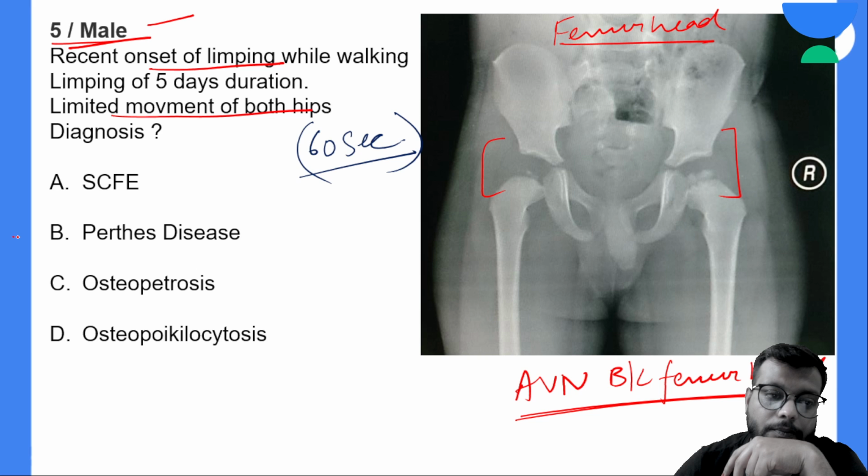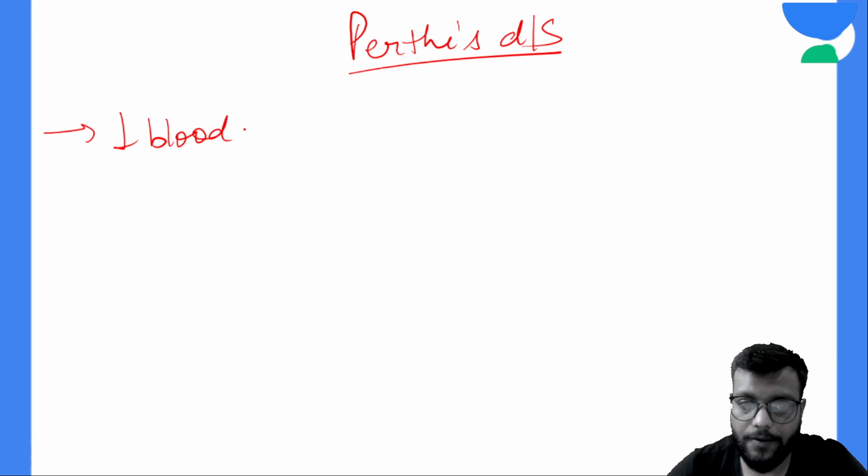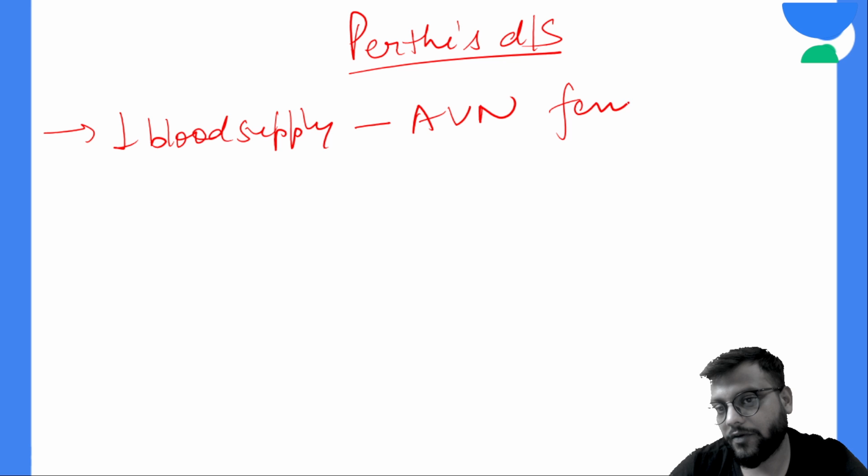Okay, this is called Perthes disease. So what happens in this? There is decreased blood supply. So there is AVN, avascular necrosis of the femoral head, and the age group is less than 10 years old child, especially the boys.